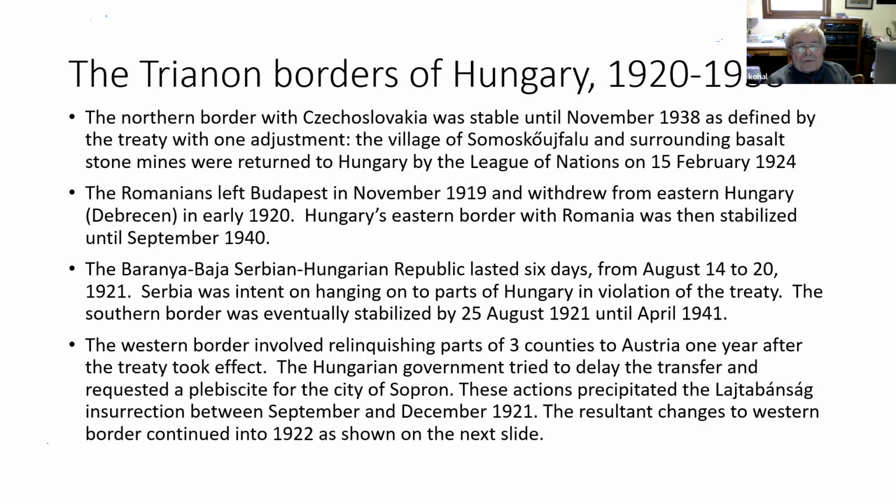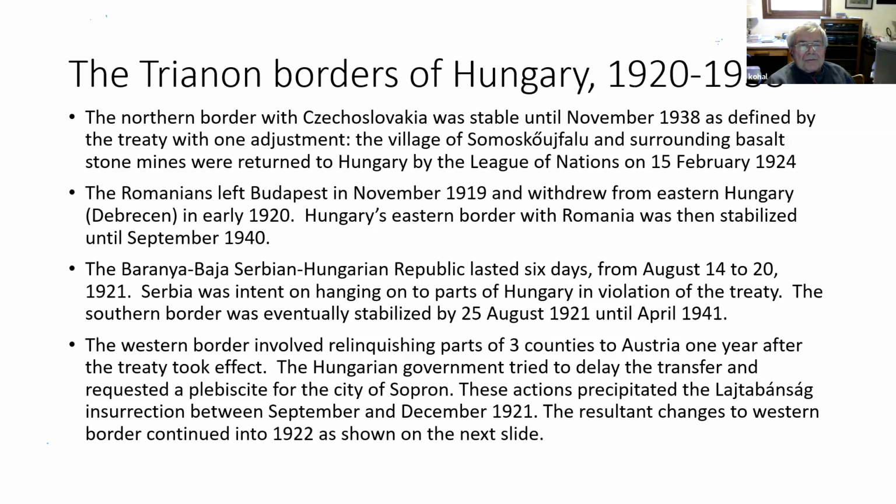And when the treaty was supposed to come into effect in August of 1920, they made a last effort to keep some of the area around Pécs and Baja as part of the Serbian lands. And they established the Baranja-Baja Serbian-Hungarian Republic, which lasted for six days. But then the border was eventually stabilized by August, and it was in such a state until April 1941.